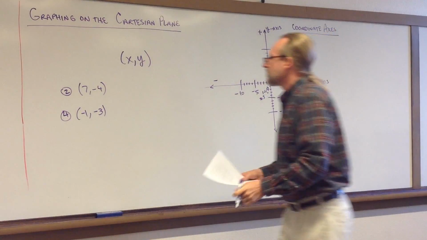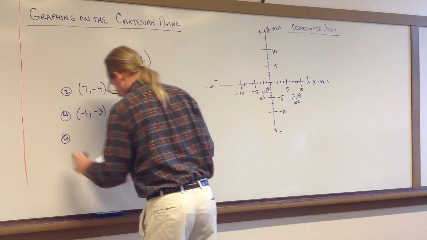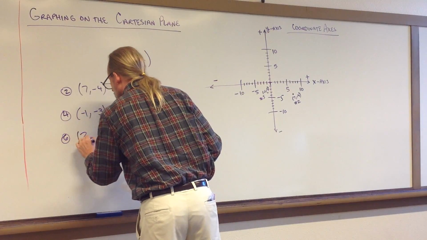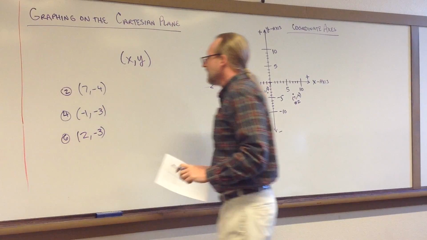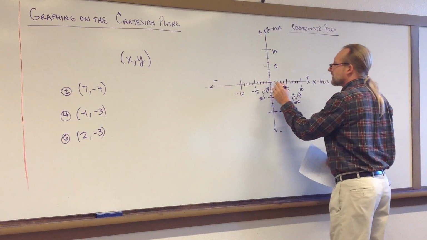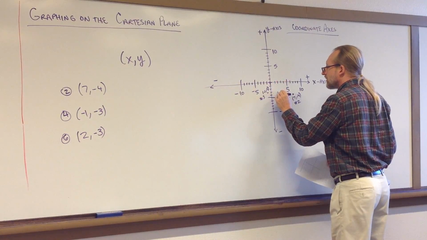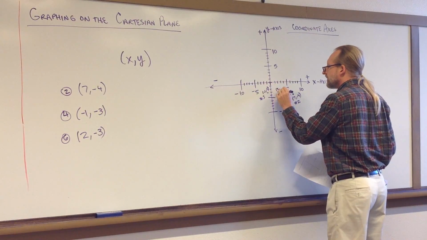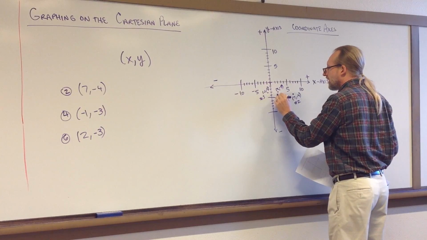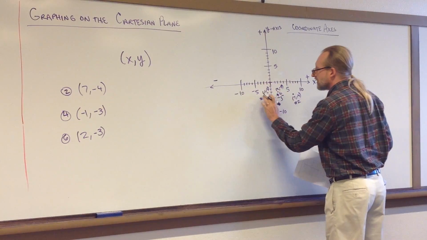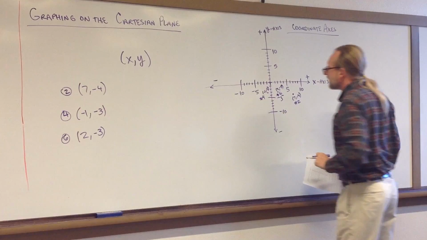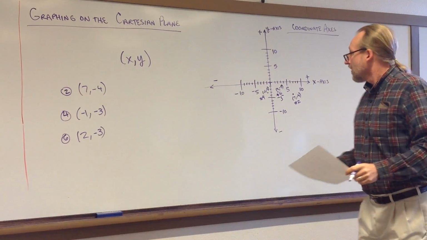All right, let's see here. Problem 6. We've got the point 2, negative 3. So the horizontal or x-coordinate is positive 2, and then the vertical or y-coordinate is negative 3. And that is problem 6. This is problem 4. There we go.